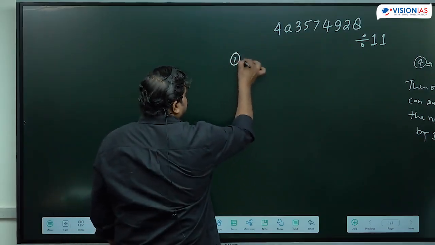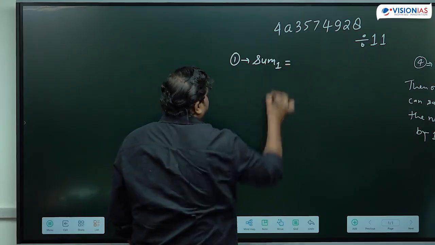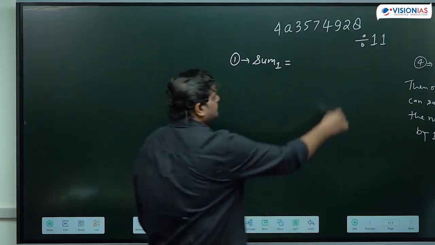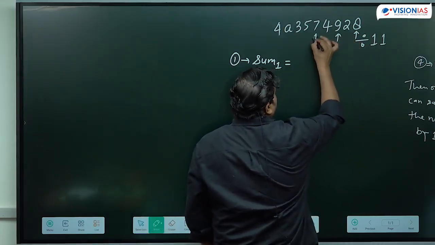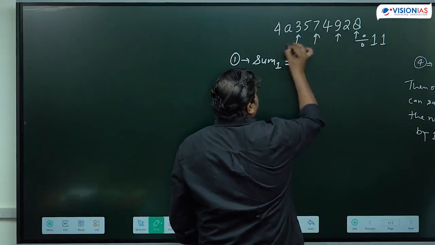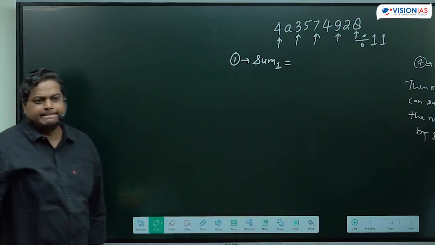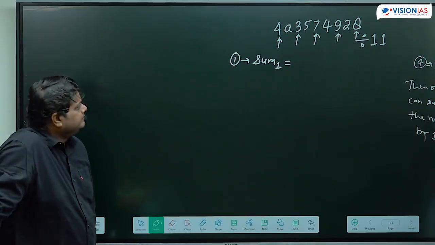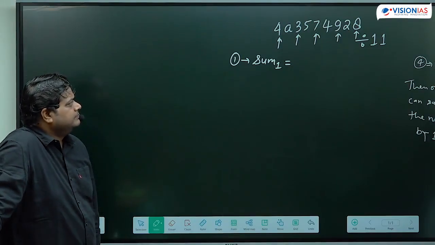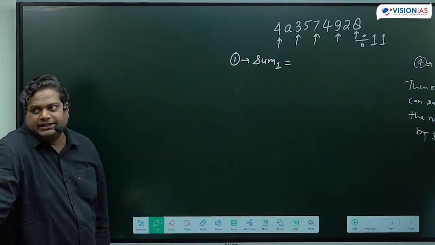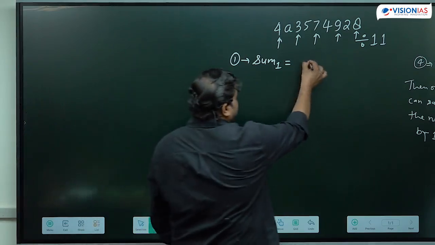First step में we can calculate what is sum 1. 8, 9, 7, 3, 4. This sum is 31 की 33. 31 आ रहा है पक्का.